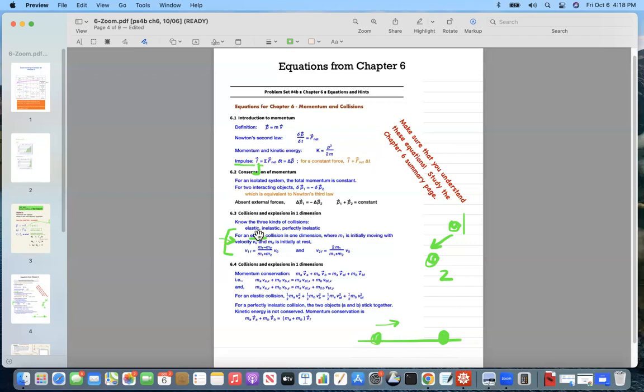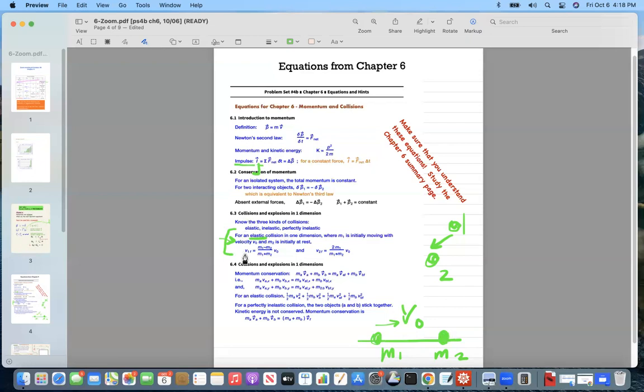But for an elastic collision in one dimension, you have this mass m1, you have this mass m2, and you have this initial speed v0, and it's heading for a head-on collision, so it'll all stay in one dimension. What are the speeds after the collision? What's v1 after the collision?